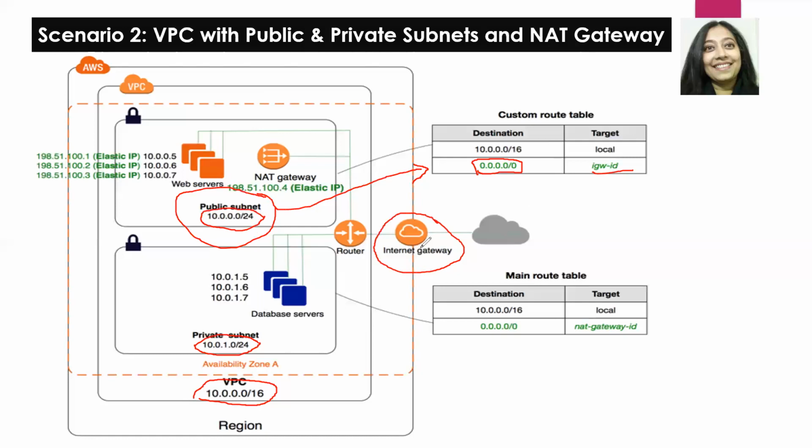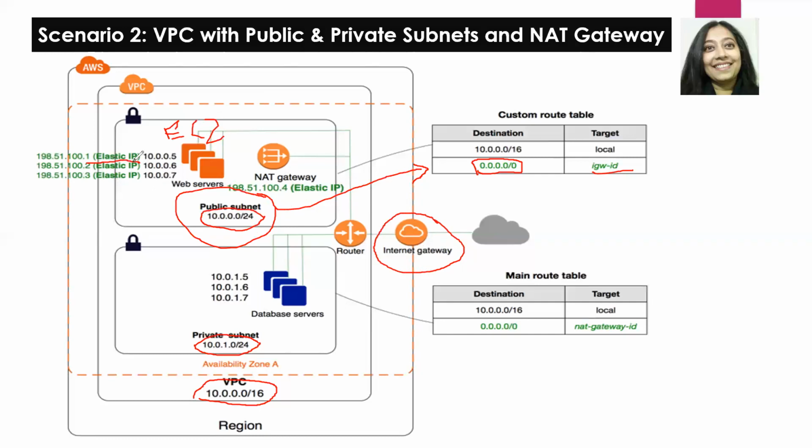After we have provisioned our internet gateway, we will provision an EC2 instance over here. We'll provision one EC2 instance and associate an elastic IP with it. This will ensure that our EC2 instance is available publicly.